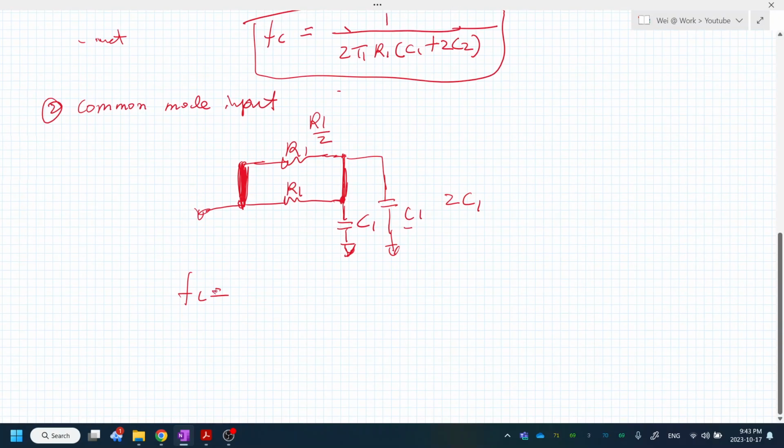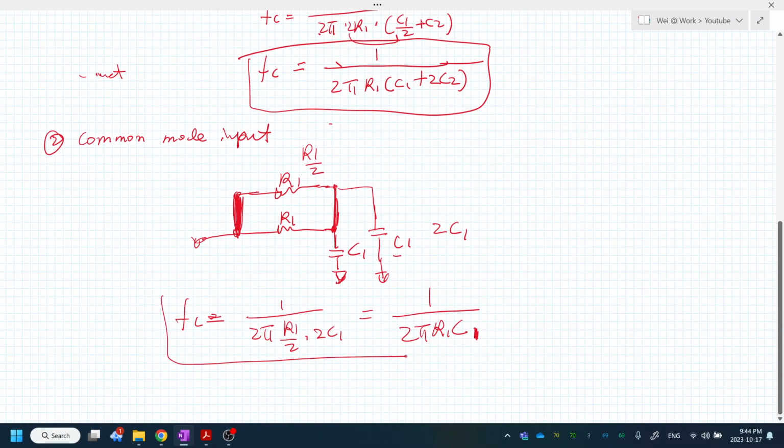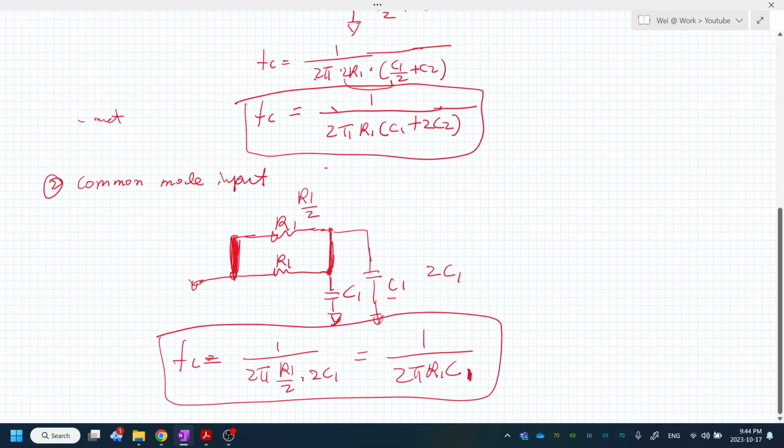And the cutoff frequency for this RC filter is 1 over 2 pi times R1 divided by 2 times 2C1, so it equals 1 over 2 pi R1 C1. So this is the cutoff frequency for the common mode input voltages.